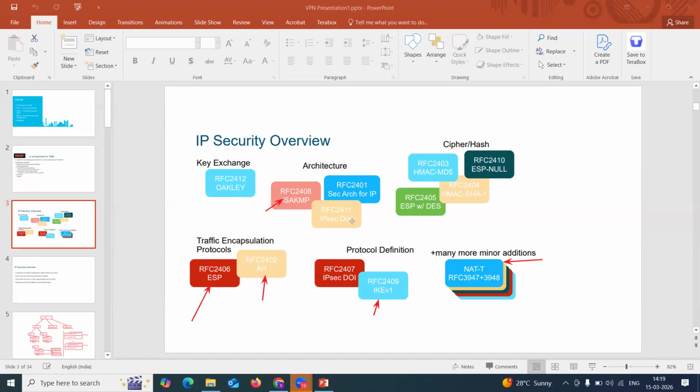Whichever I have noted here, like HMAC SHA and HMAC MD5, these are very commonly asked questions, or you can take a reference of these RFCs. For example, here I have the RFC of NAT-T. The RFC for NAT-T is 3948.